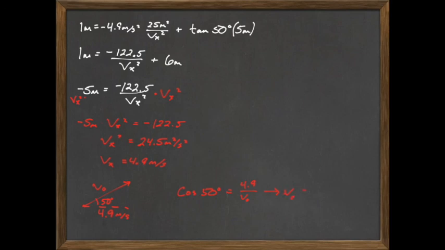So the hypotenuse is 4.9 over the cosine of 50. The overall launch velocity has to be 7.6 meters per second.